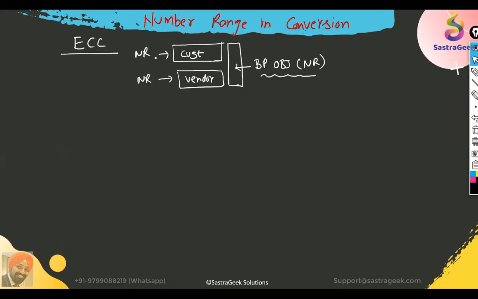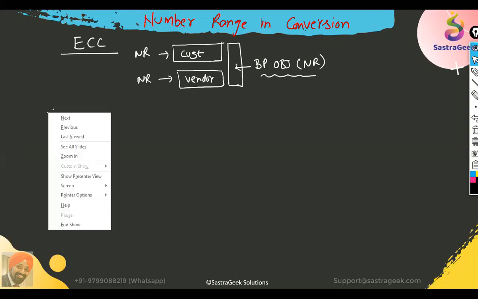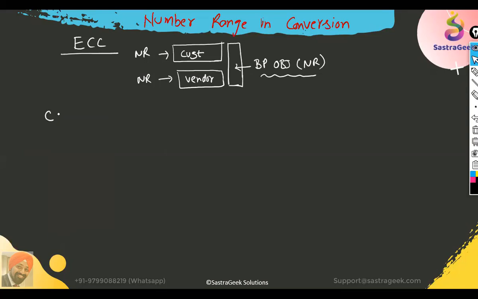In ECC, you defined your customer account group, CG01, and your vendor account group, VG01. For the customer group, the number range is 1000 to 1999. For the vendor account group, since you will have many vendors, you defined the number range 1000 to 9999. So now what is going to happen?